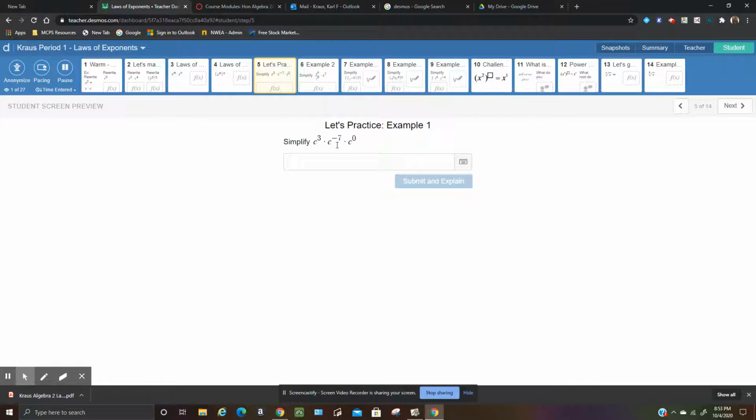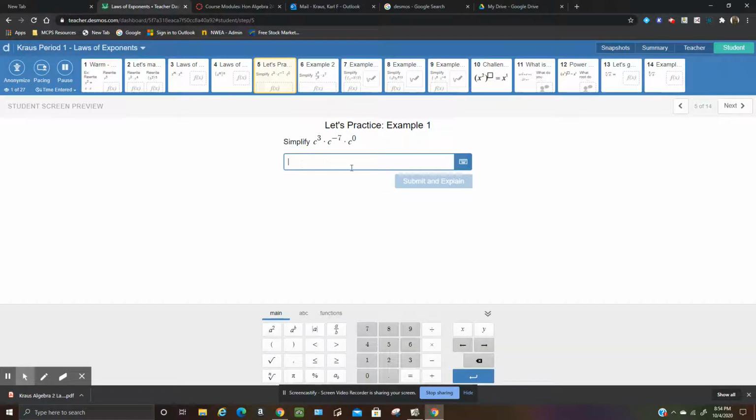Here, I'd add all the exponents together, so c, and then exponent parentheses 3 minus 7 plus 0 is equal to c to the negative 4.